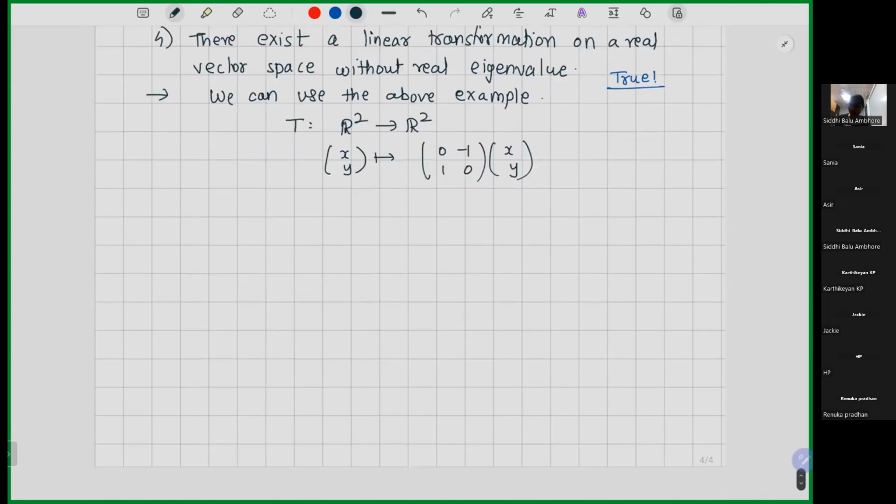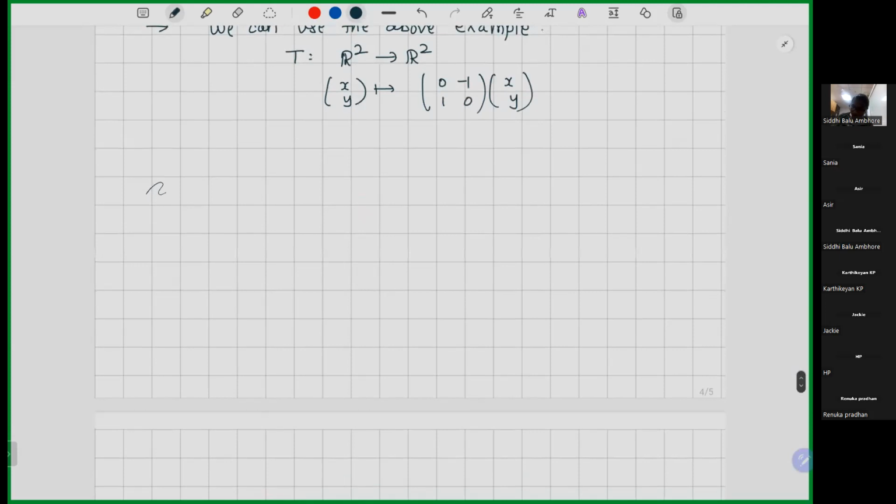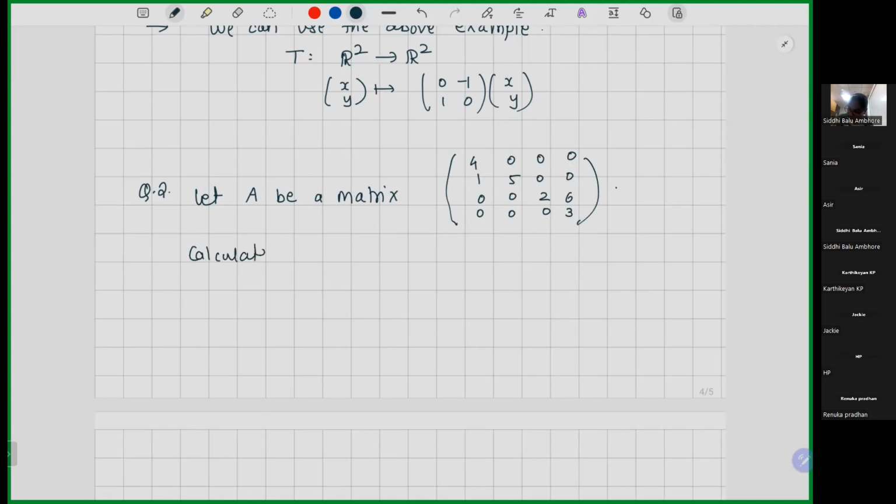Now we'll move to this second question. Let A be a matrix, and we have to calculate the following.